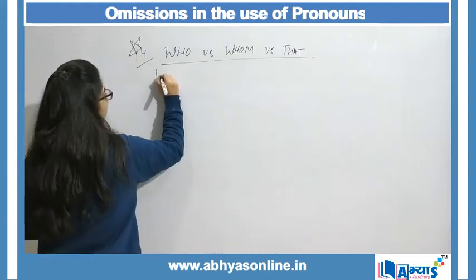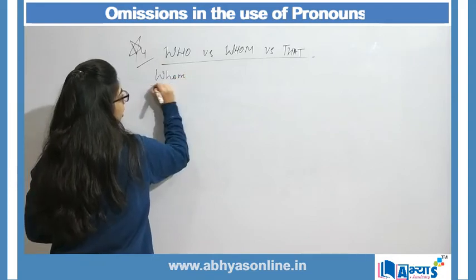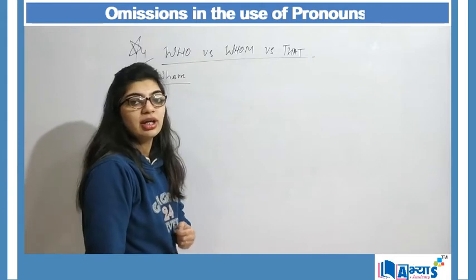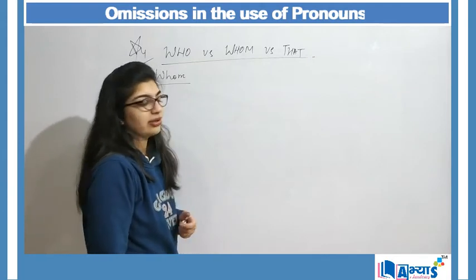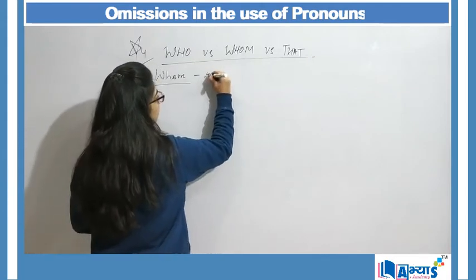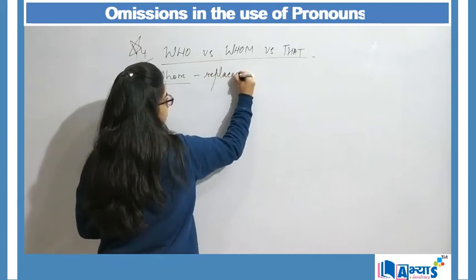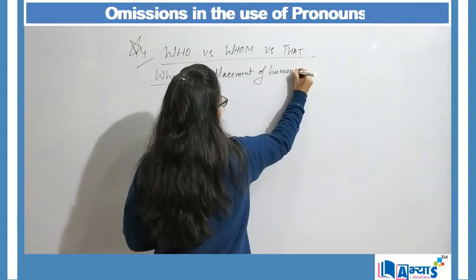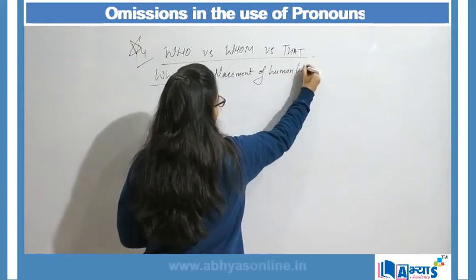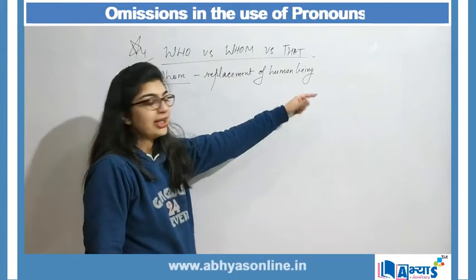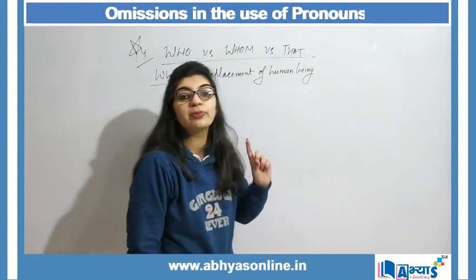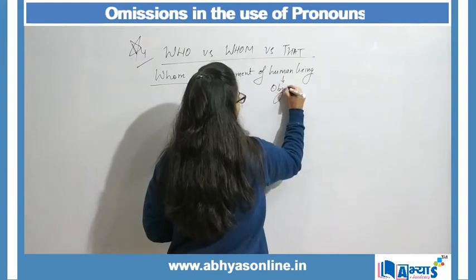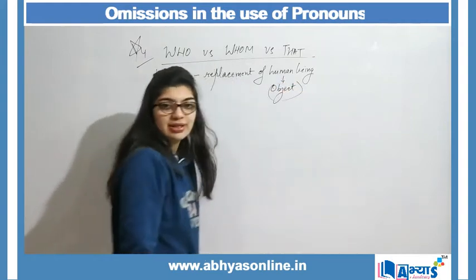Remember that whenever we are using whom, whom is a replacement for a human being, and that human being should be the object of the sentence.